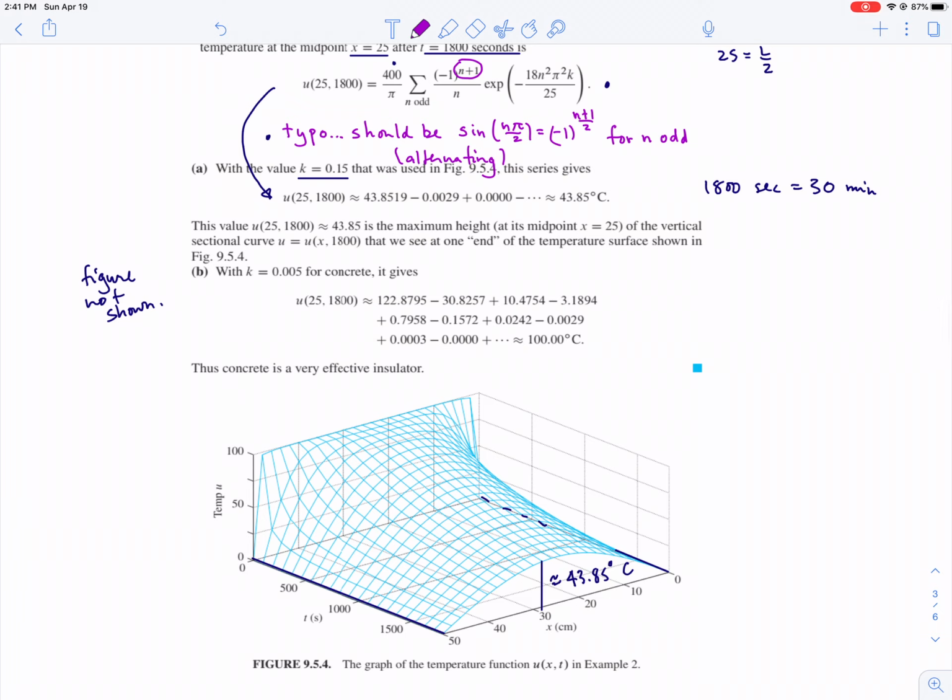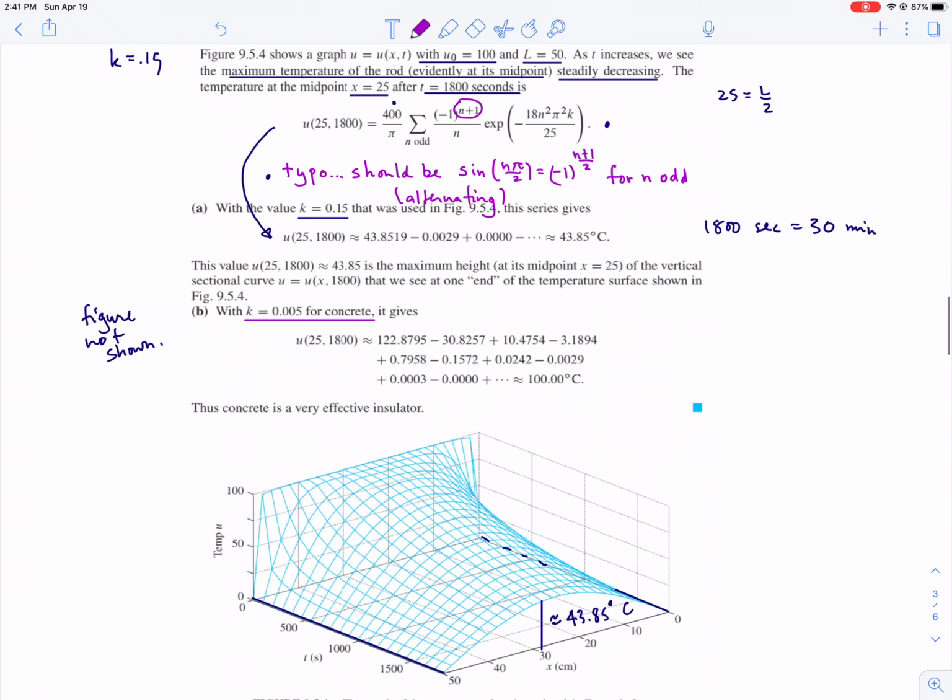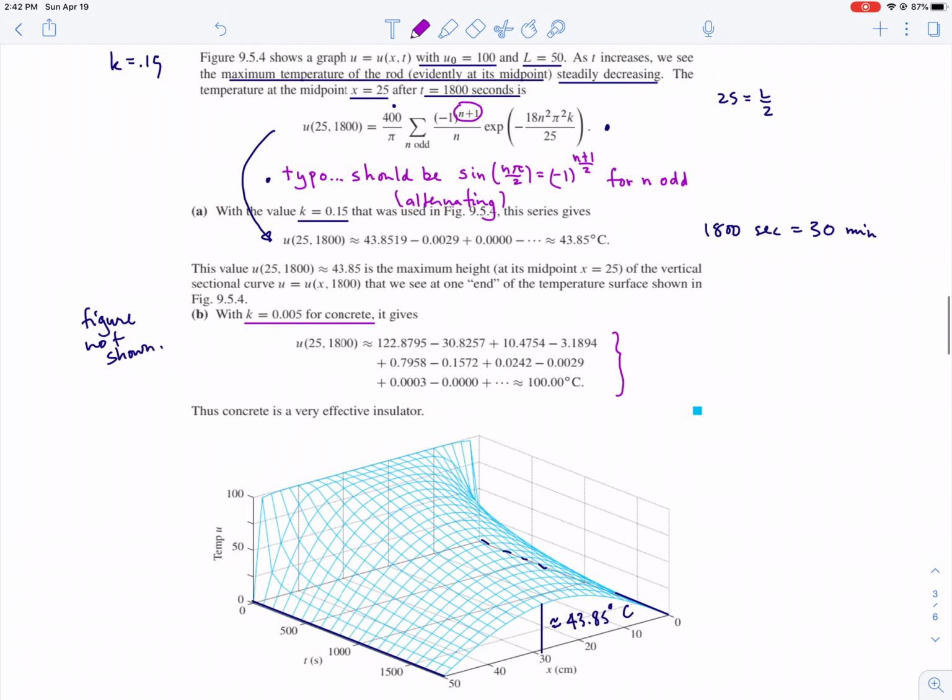Anyway, with this smaller diffusivity constant for concrete, the alternating series is not all contained in the first term, and the text goes through 1, 2, 3, 4, 5, 6, 7, 8, 9, 10 terms, and yet when they add that alternating series up, they get essentially 100 degrees Celsius. So with concrete, in half an hour, almost no cooling in the center.